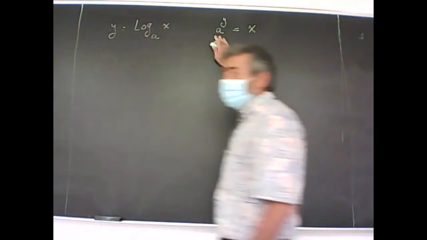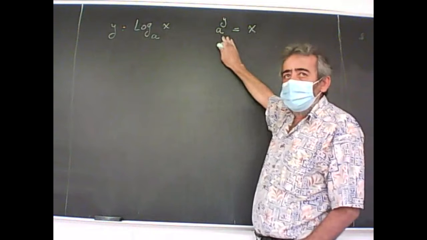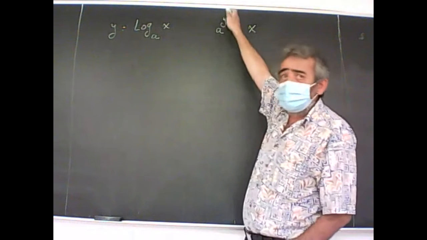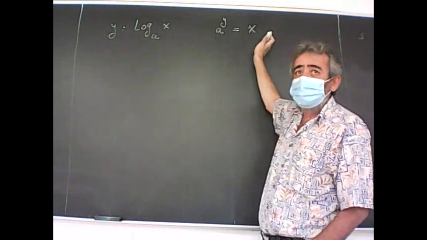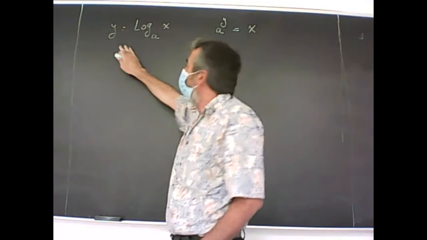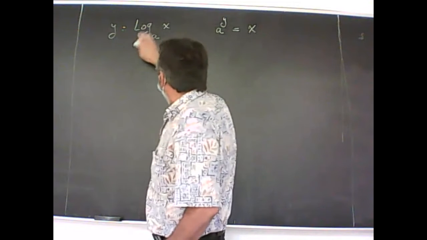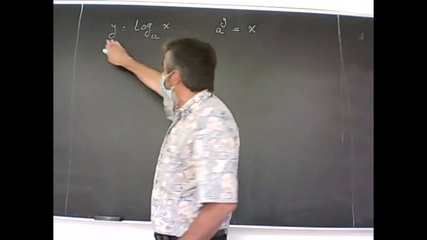Here we're taking a value, and in this particular function, we're raising it to some number to get another value. In this particular equation, we're saying the log of this value is equal to that.